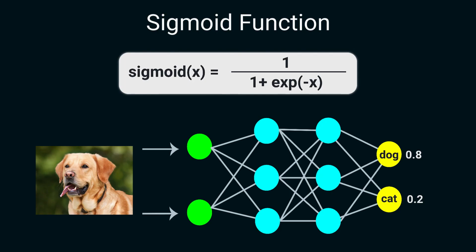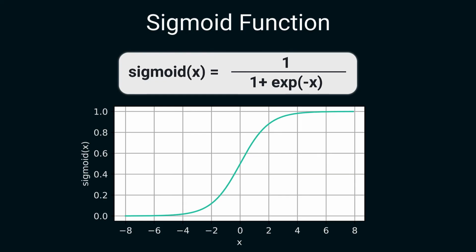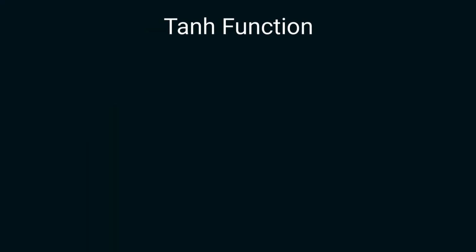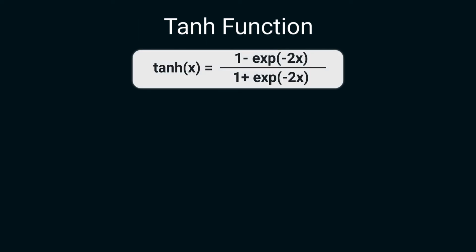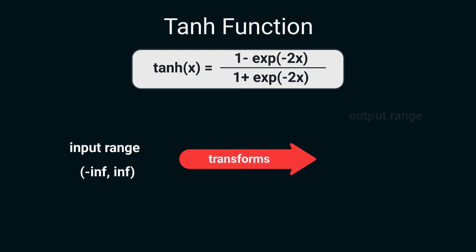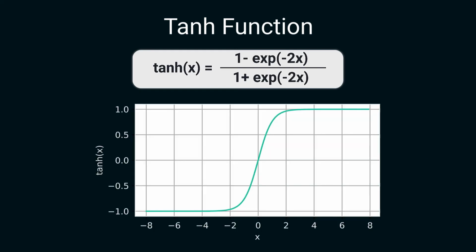The graphical representation of the sigmoid looks like this. Another activation function is the hyperbolic tangent function or tanh function. It also squashes input of range negative infinity to infinity to the output of range negative 1 to 1. The hyperbolic tangent function becomes linear as input approaches 0.